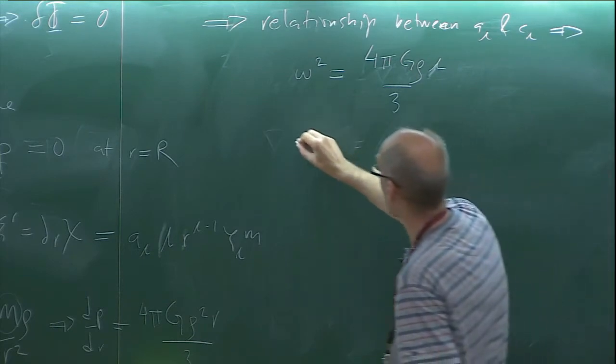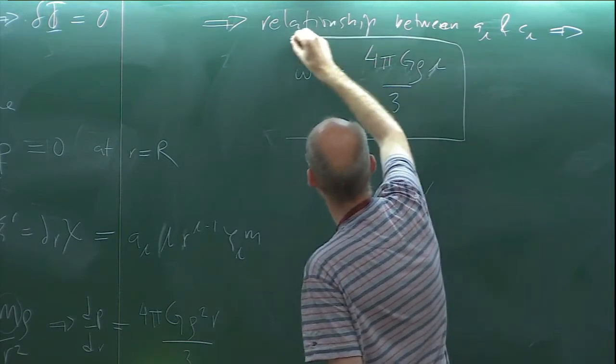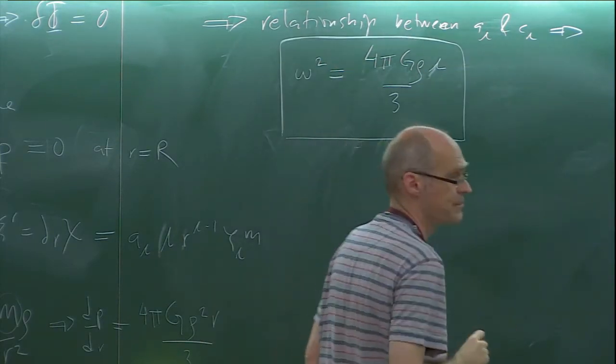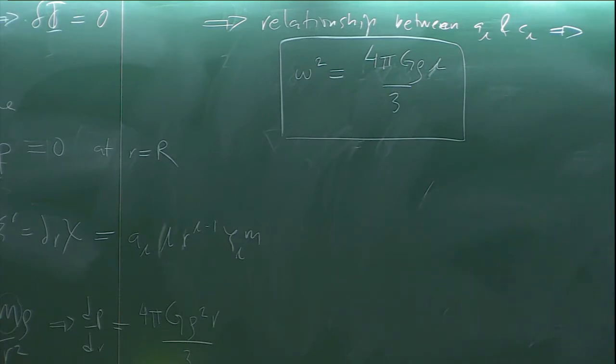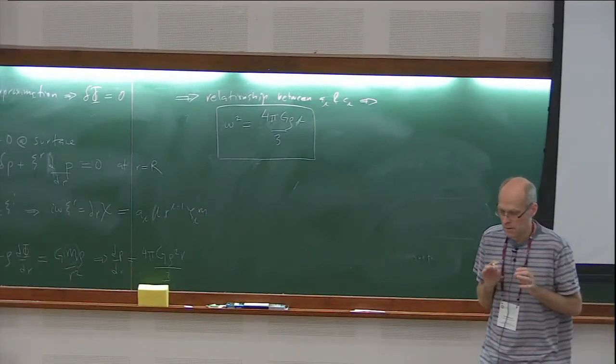So I did all that work just for this. But this is important. It tells me a couple of things that will be very important today. So I want to have a look at that.